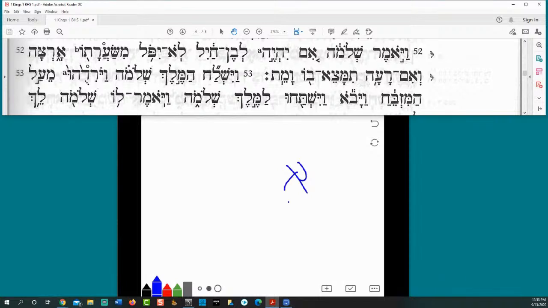So eretz. And we have the addition of a directional hey, which causes the tzaddik here to go to a non-final form, and the accent doesn't shift.